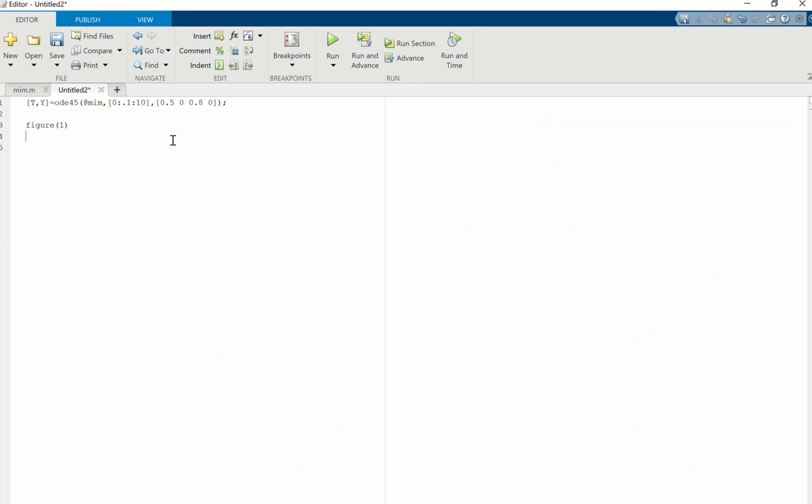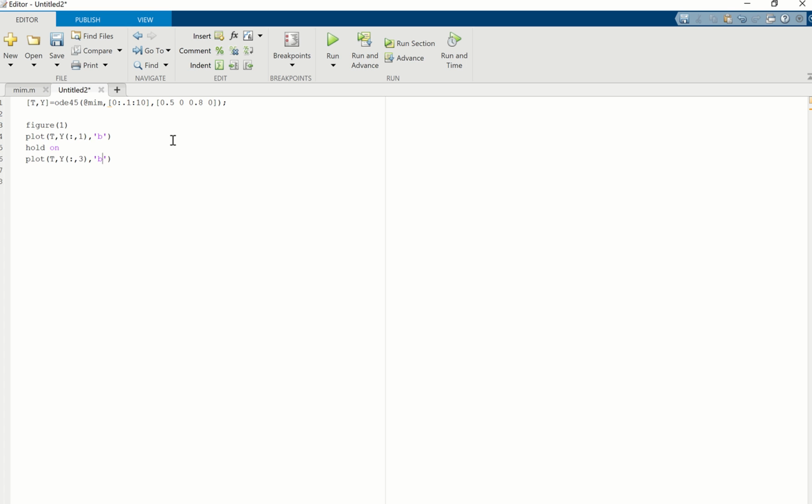Right? So if I say figure 1 plot time and Y, first all the rows and first column, as blue, and hold on, and 3 is gonna be the third state variable.